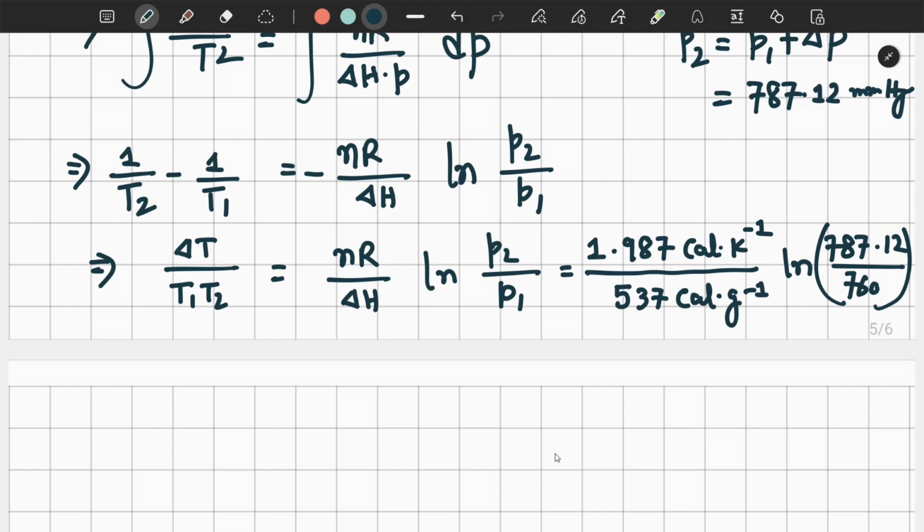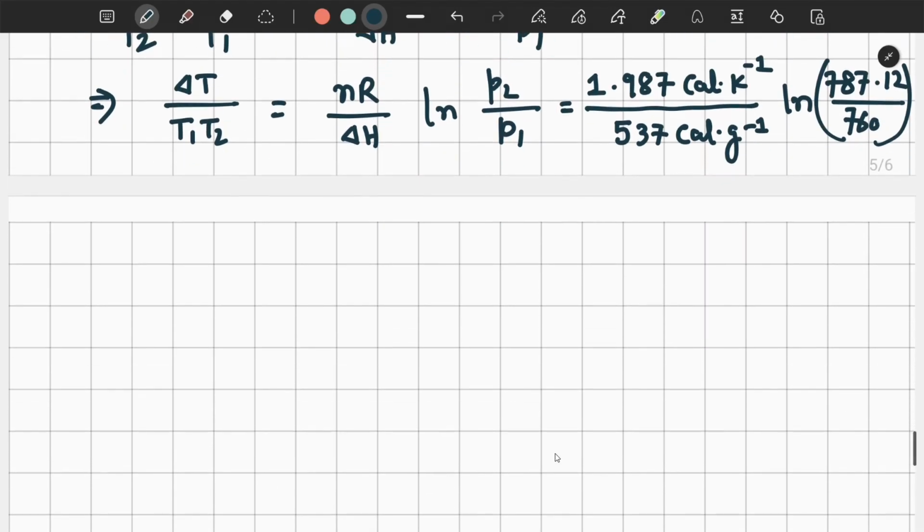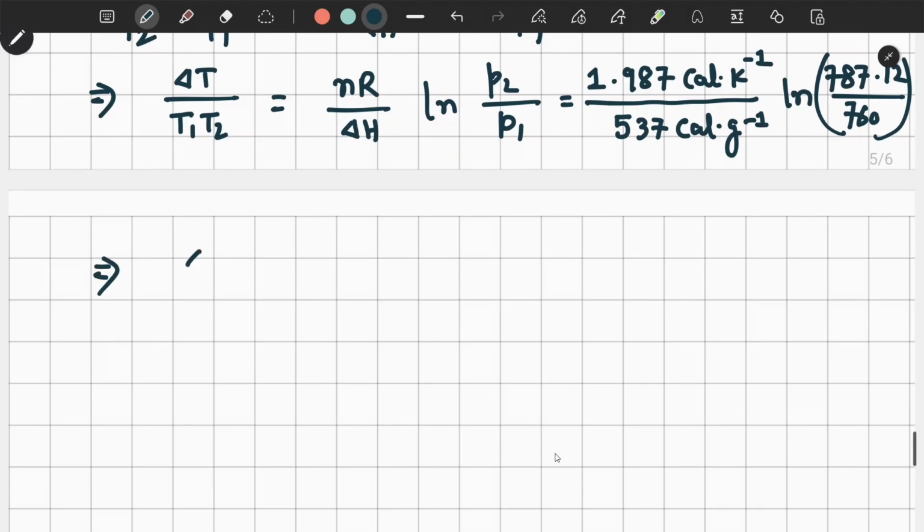We can do it or not. Yes. Now calculate the right hand side.